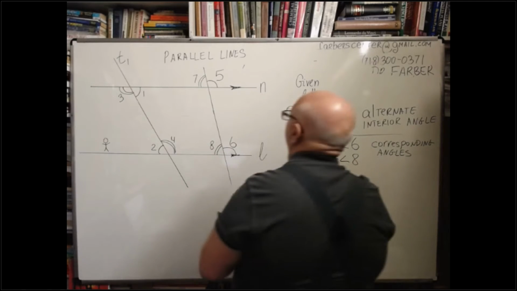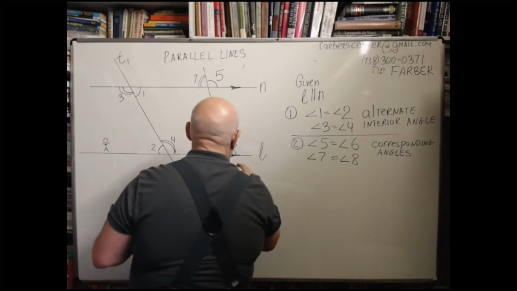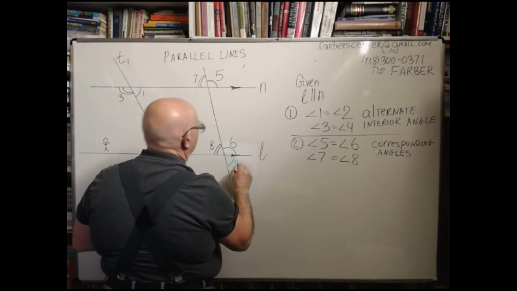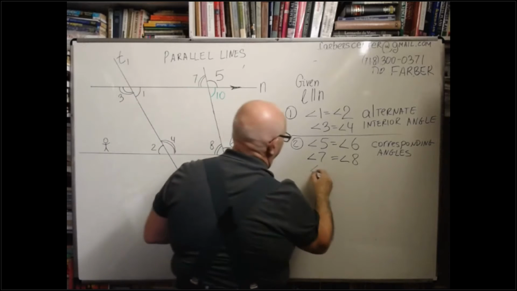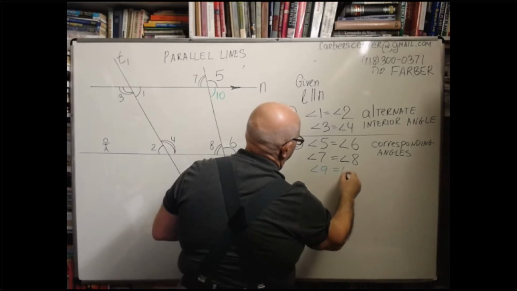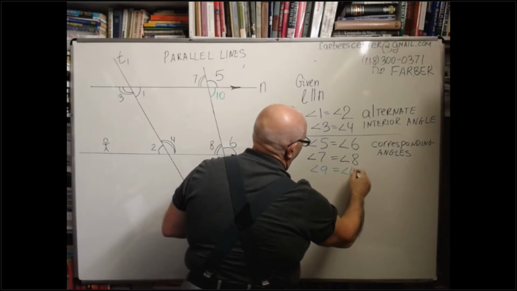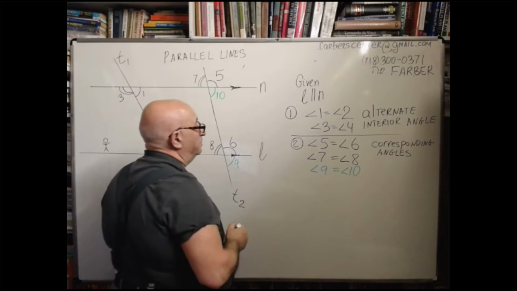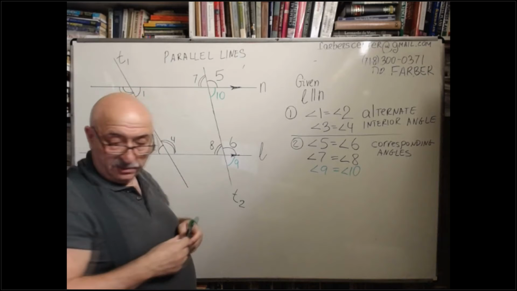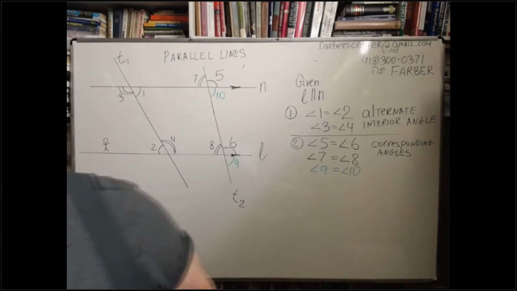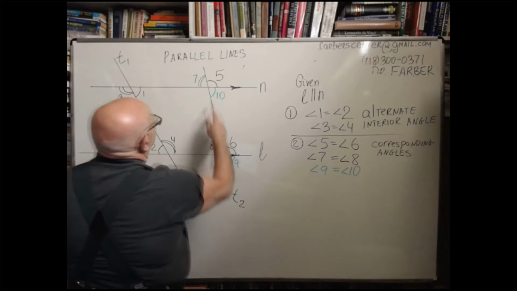I can make another group. For instance, angle 9, this green, and angle 10. Angle 9 equals angle 10. They are corresponding angles. I take a different color. For instance, you can see both of them acute.